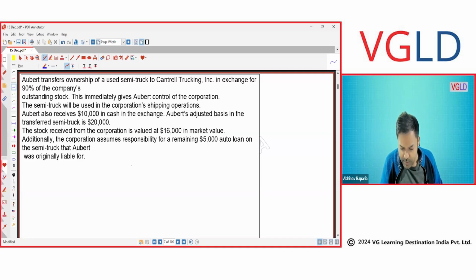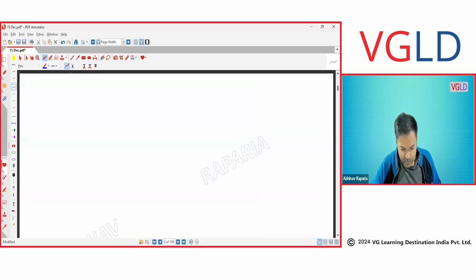Because adjusted basis is 20,000 and 16,000 is the market value. That's why. Yes, no, guys? Is that why you're saying it? You're doing the same mistake. That's why I want to do this with you.